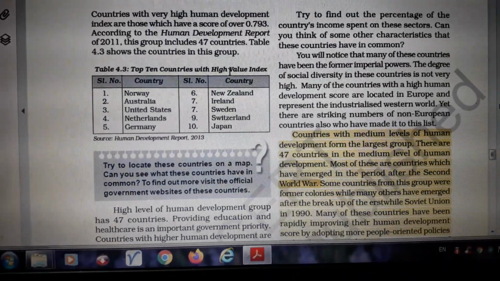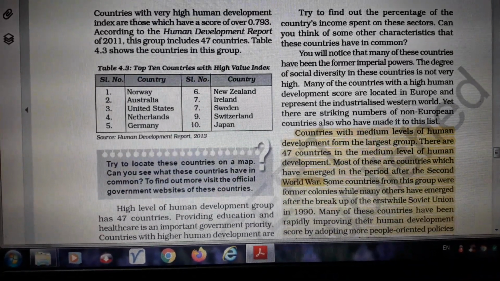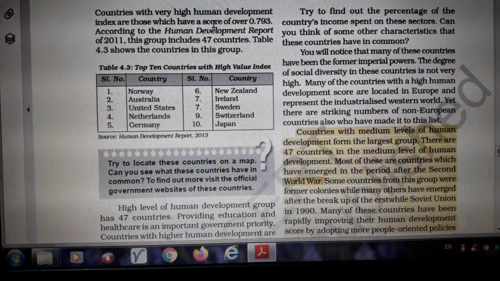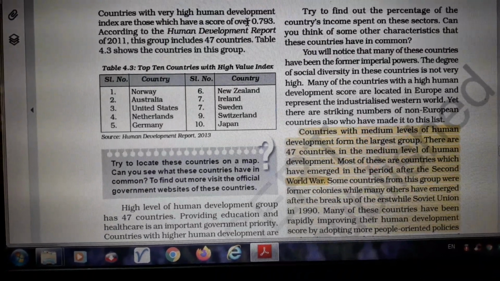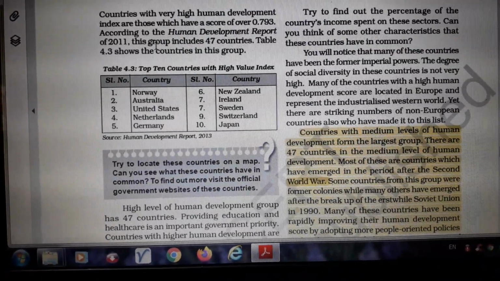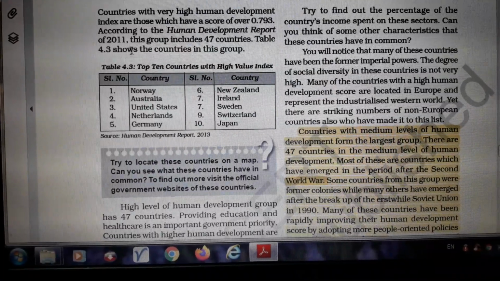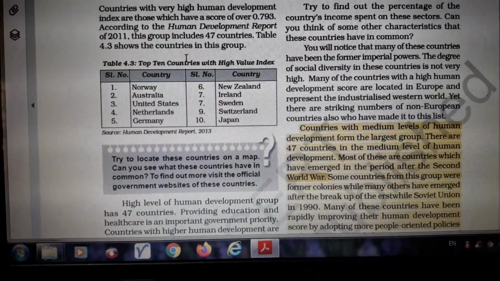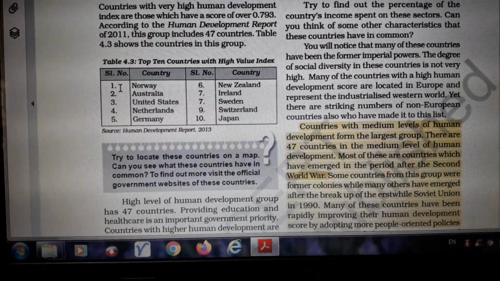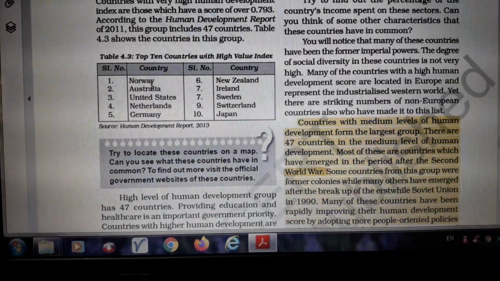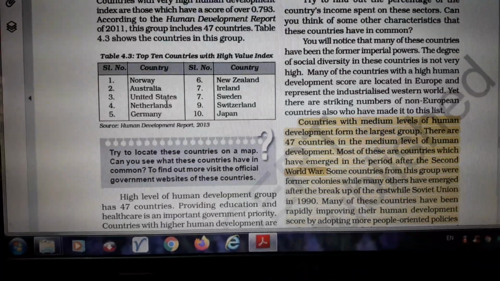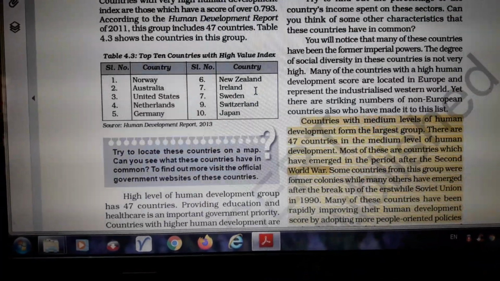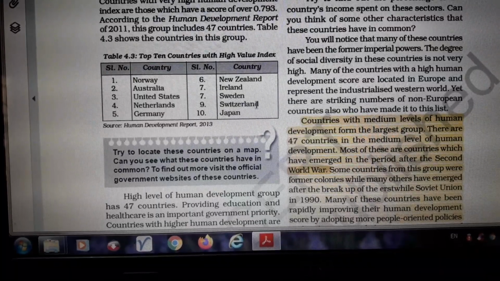Now the very high human development index: those countries which have a score of over 0.7. According to the Human Development Report 2011, 47 countries come under very high. See the table here: Norway, Australia, United States, Netherlands, Germany, New Zealand, Ireland, Sweden, Switzerland, Japan.